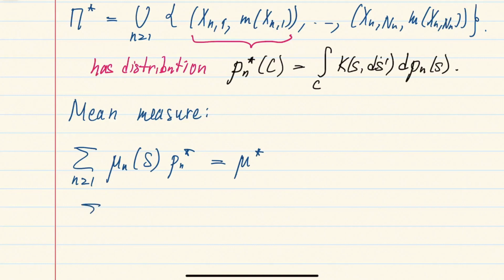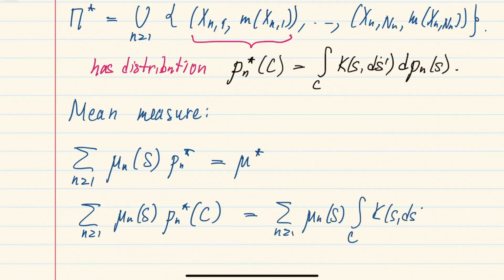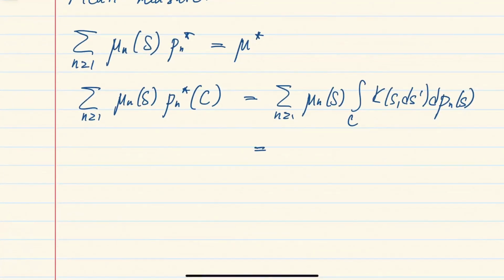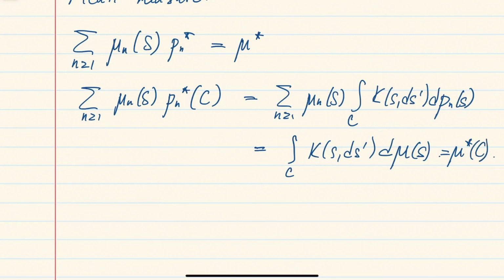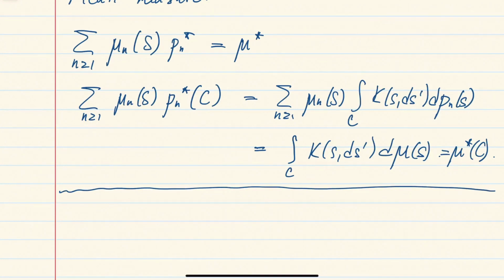Because if you write this sum on any given set, by definition, when you sum here over n on the right hand side, you're just getting an integral with respect to this transition kernel first, and then the sum of mu n times Pn, that was exactly our measure mu. Okay, and that was the definition of mu star of C. Okay, so it was straightforward to check that this marking construction again results in the so-called marked Poisson process.